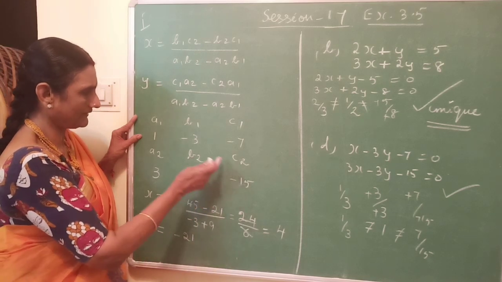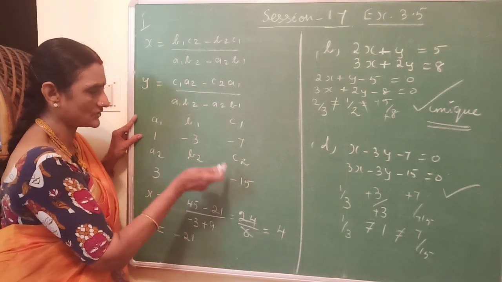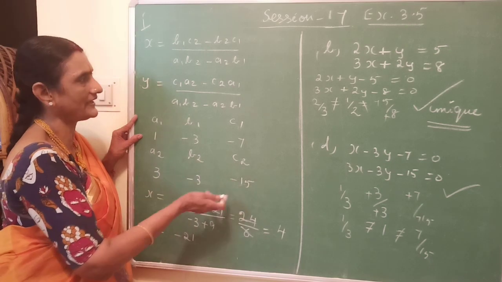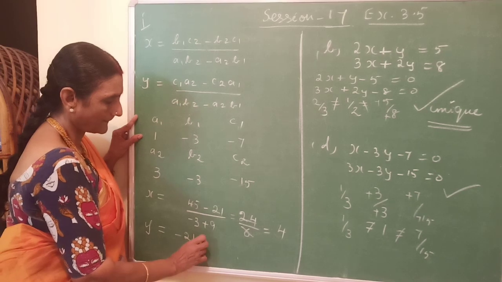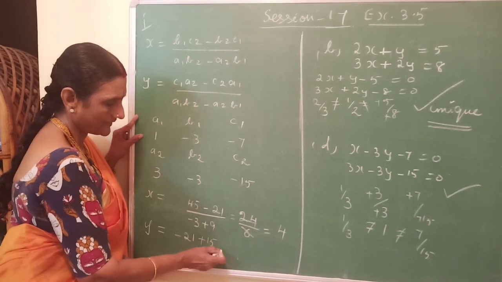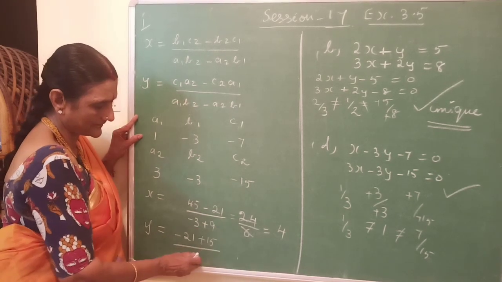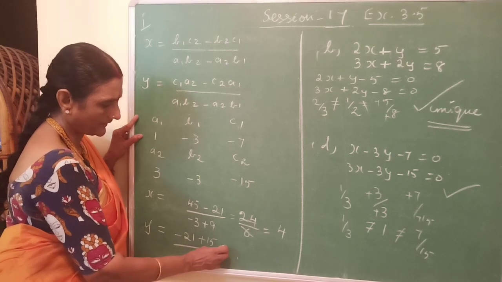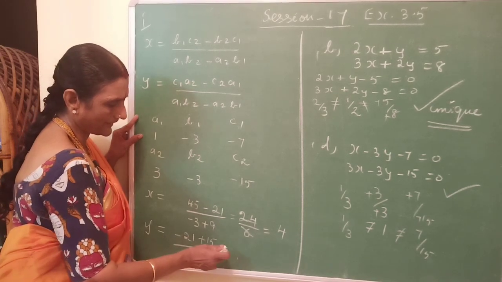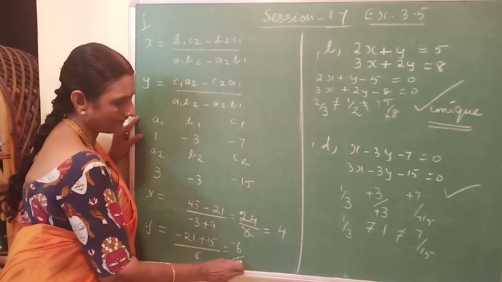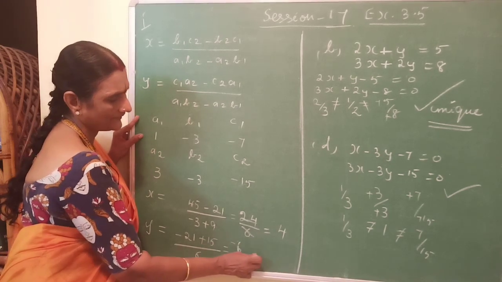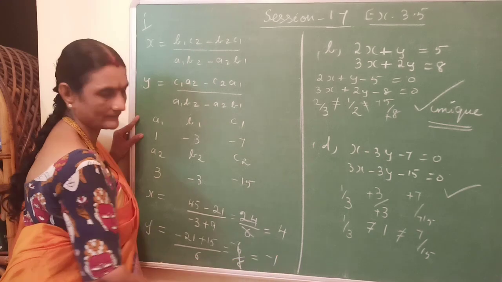C2 is here, A1 is here. 1 into minus 15 is minus 15. And outside there is a negative sign, that becomes plus 15. And then the denominator is the same 6. You will get 21 minus 15 gives you minus 6. And divided by plus 6, you will get minus 1.